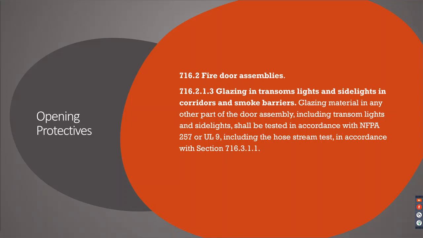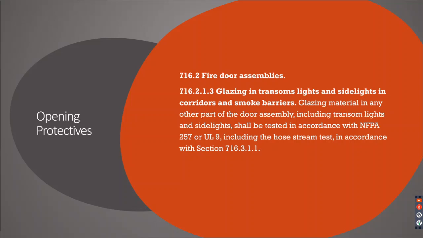And then when you have glazing in your fire door assemblies and glazing in the transom lights and side lights in corridors and smoke barriers. So again, this section lines up with the tables, but if you want more information, look at these sections. What type of door do you have? Does it have transom and side lights? Where is the door? In this section, we're talking about this type of door that has transom and side lights in corridors and smoke barriers.